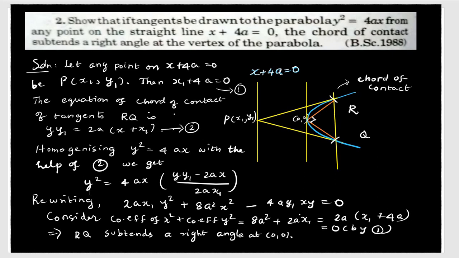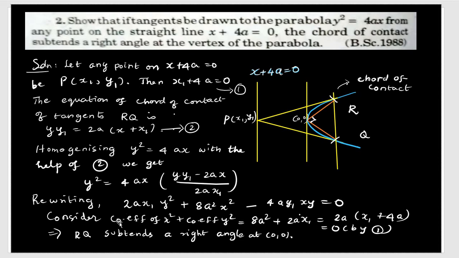When we do so, we have this equation, and rewriting that in this form, because it will be a combined equation, we get only the combined equation which is in the homogeneous form. So it will be like this: capital A X square plus capital B Y square plus 2HXY equal to 0. So we consider the coefficient of x square plus the coefficient of y square. If we are able to show that that is equal to 0, then this one will subtend a right angle at the center. So that is the technique.